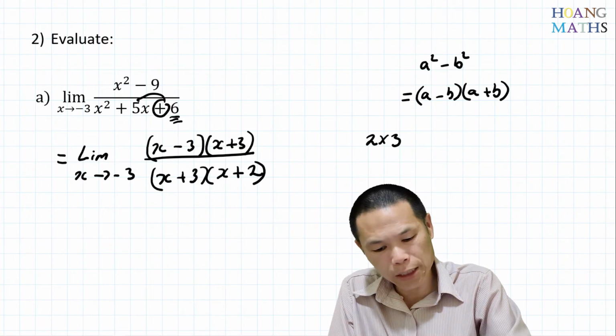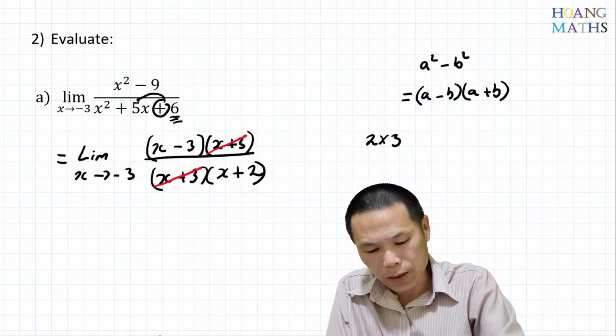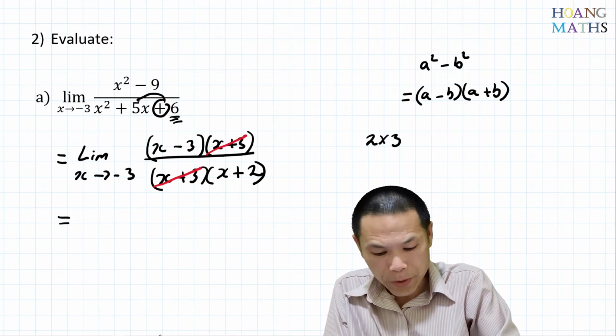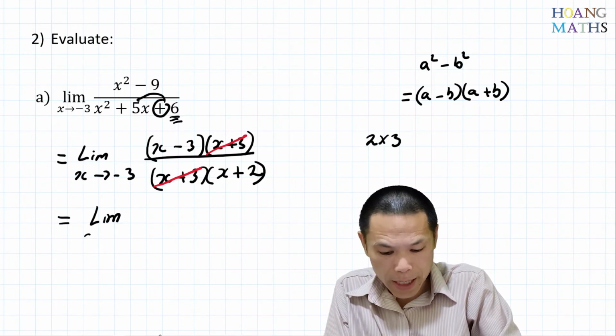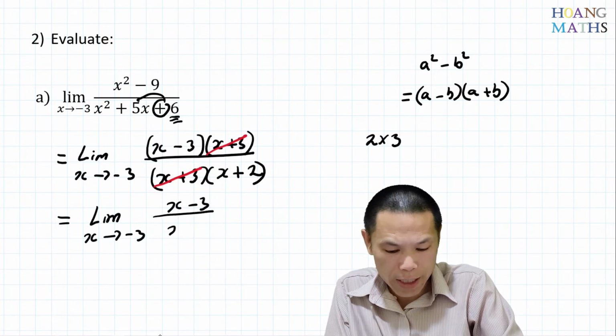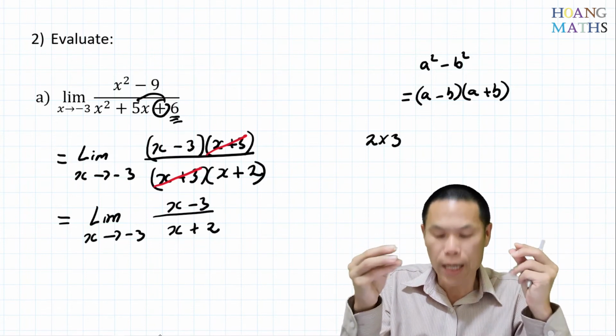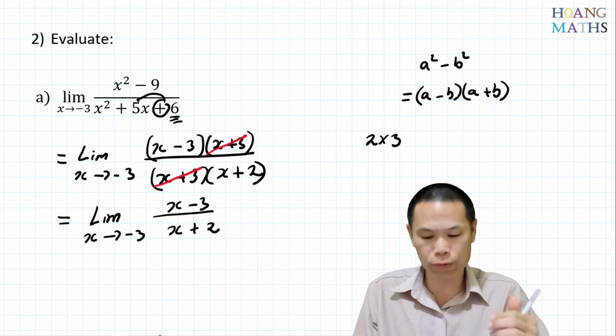So now we can just simplify it. So this cancels out. So that will give me the limit as x approaches negative 3 of x minus 3 over x plus 2. Now we can simply substitute x equal to negative 3.